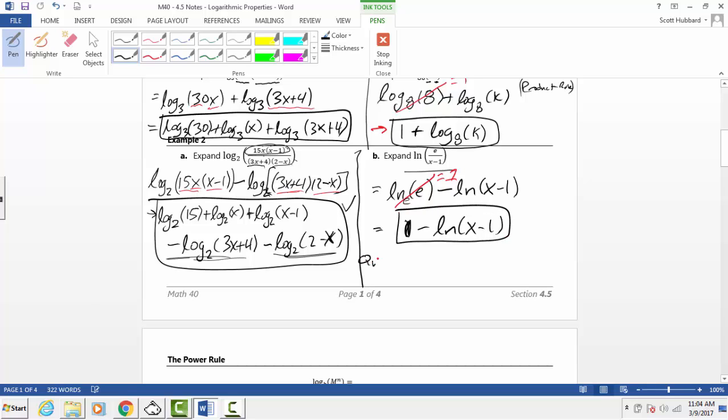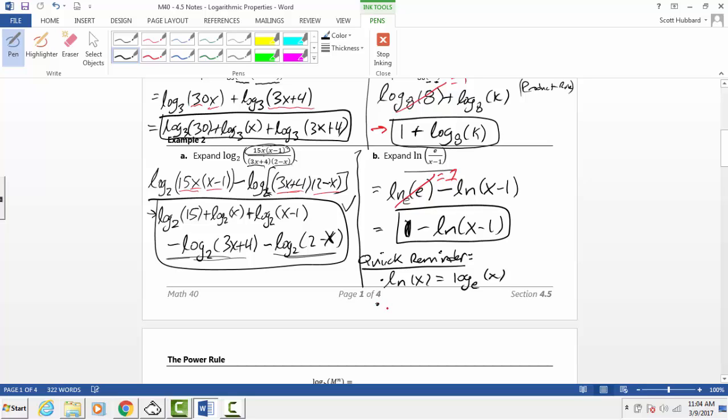Just a quick refresher, a quick reminder. ln x stands for log base e of x, and that's called the natural log.